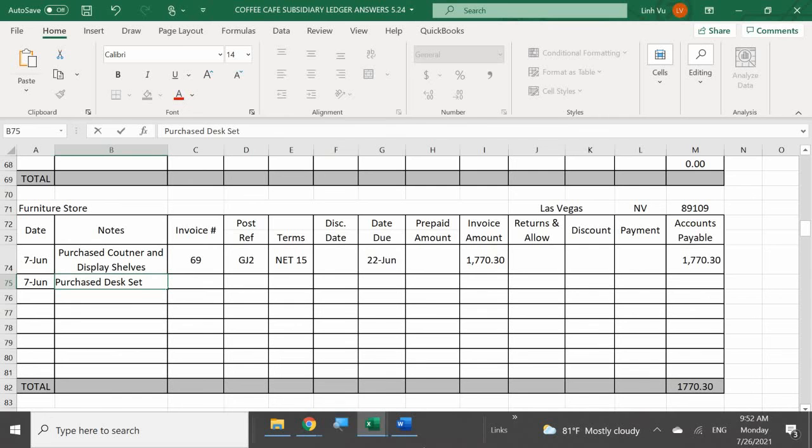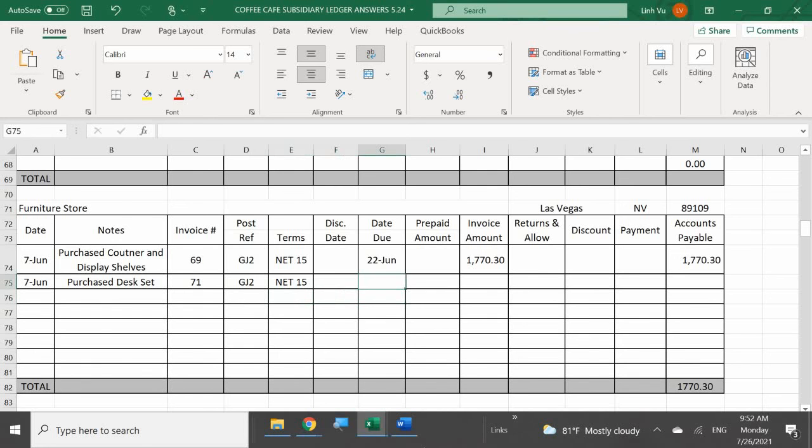This time, this was invoice number 71, general journal number 2. And what was my terms again? I think it was the same thing here, net 15.